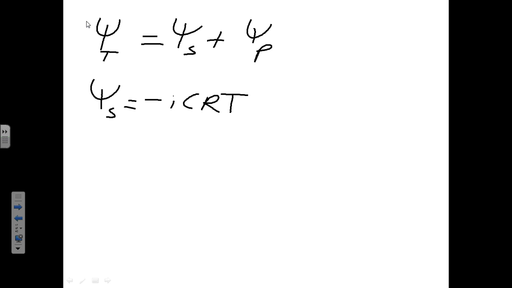R is the gas constant. And big T has to be what? Kelvin temperature. Before we get into a problem, water always moves which way in terms of water potential? Higher to lower.